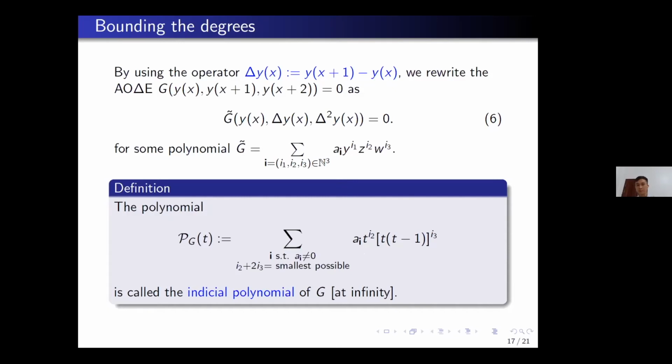That means among the indices i of the coefficients of Z tilde, we determine i2 plus 2 i3, and we collect the indices i in such a way that i2 plus 2 i3 is smallest, and it becomes the initial polynomial of t.